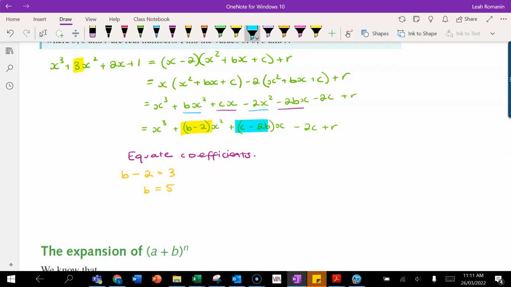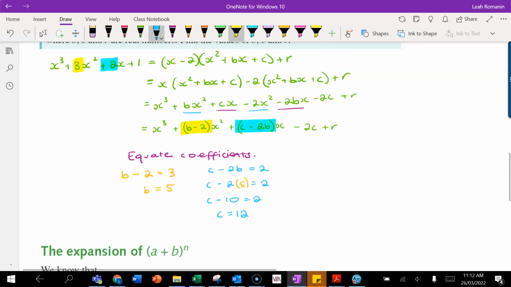Next, turning my attention to this c minus 2b, I'm going to say that it is equal to 2. Now I found b from before, so I know that b is 5. So c minus 10 is equal to 2. Plussing 10 to the other side, I'm going to have that c is equal to 12.